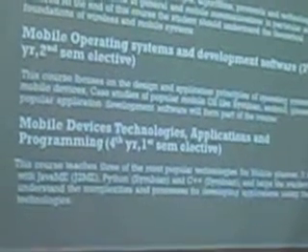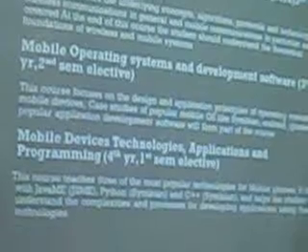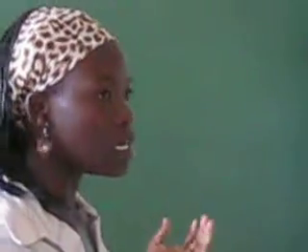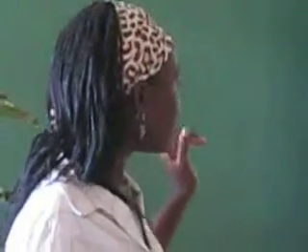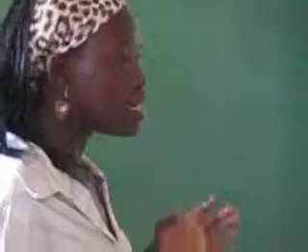We're also going to talk about mobile device technology, applications and programming. Apart from the general operating systems, also the languages that they can use when developing those applications, like Java Micro Edition, Python, Objective-C and everything. So in general, we are giving the students an overview of mobile technology and wireless communication.